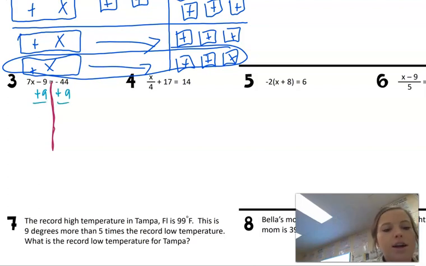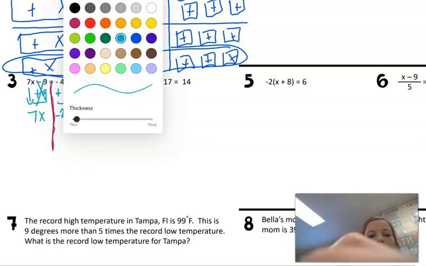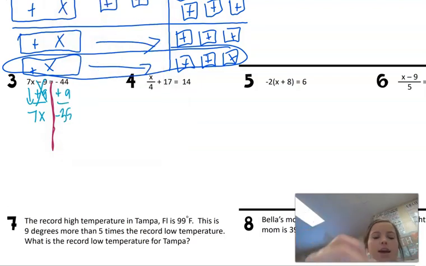Negative 9 plus 9 equals 0. And then we have negative 44 plus 9. So go ahead and punch in your calculator if you need to. Negative 44 plus 9, we get negative 35. We're left with our 7x over here, so we're just going to bring that down. All right, next, we have to do the inverse operation of what we see again.